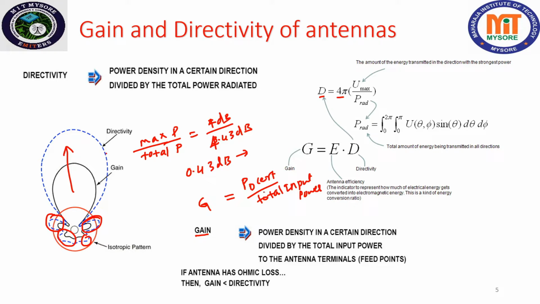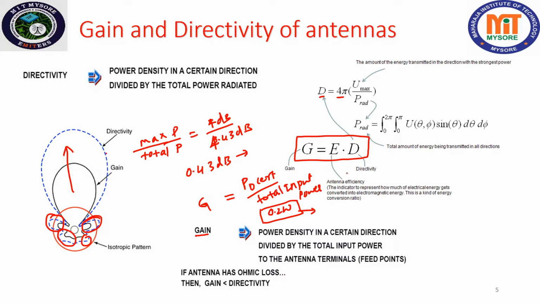Okay, so you can clearly observe the difference. Input power is different and radiated power is different. Why? Because input power might be 1 watt, and radiated power might be only 0.8 watt. Where is the remaining 0.2 watt? It is dissipated or lost in the process of the signal conversion. And this gain is defined by another equation: gain is equal to antenna efficiency into directivity.